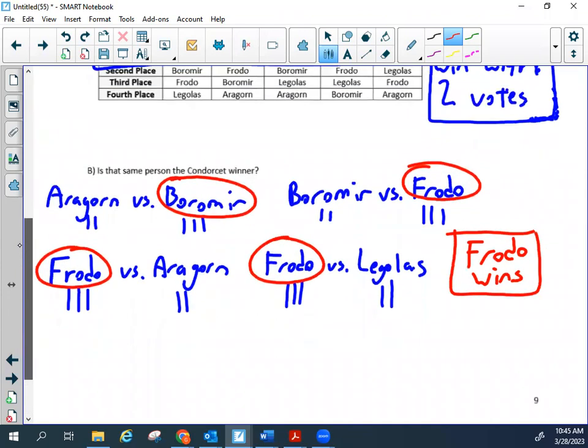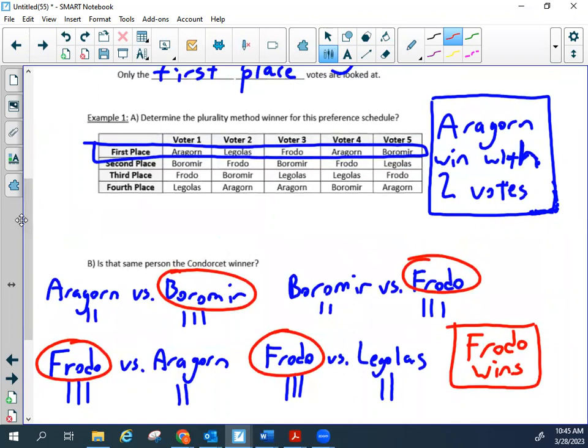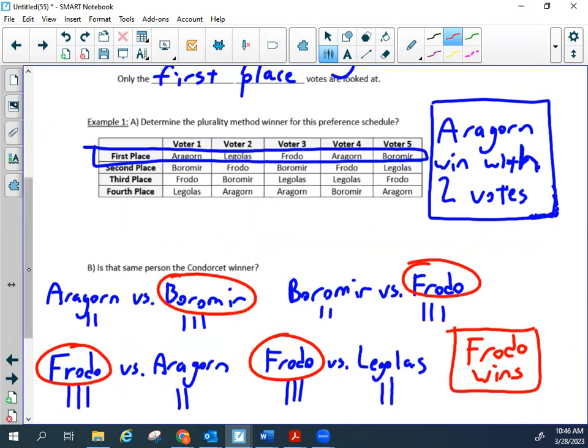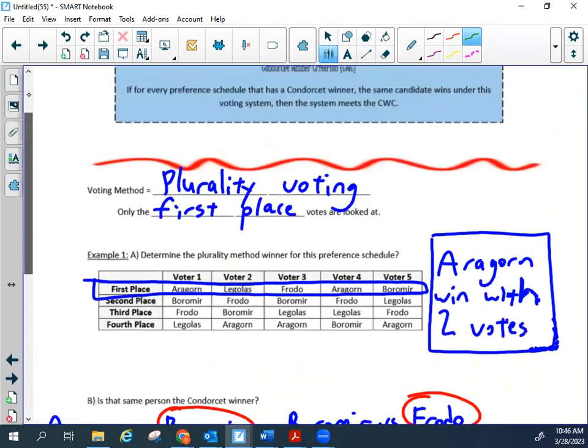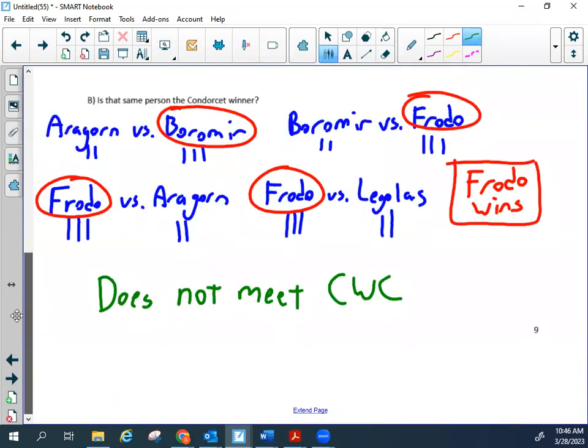So what do we notice here? If I use the plurality voting method, Aragorn wins. If I use the Condorcet method, Frodo wins. So we get 2 different winners depending on how we decide to count the votes. So what we say is this does not meet the CWC, which is what we started the video with, Condorcet's winner criterion.